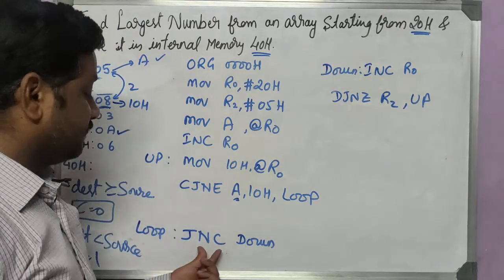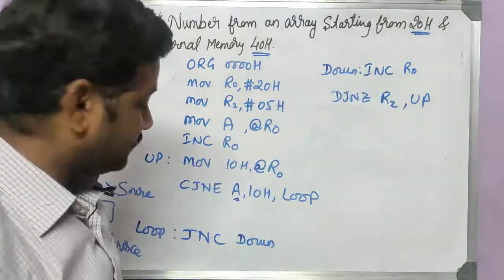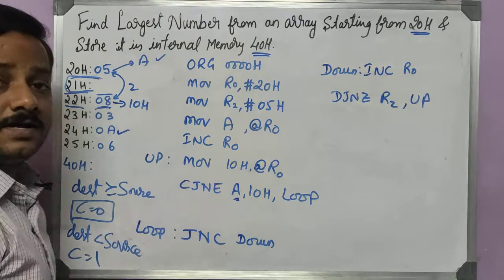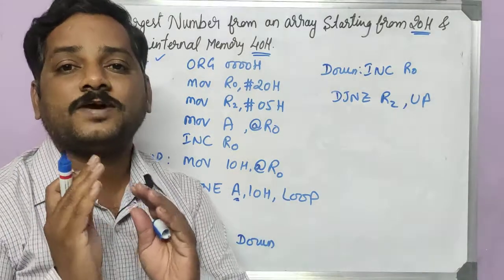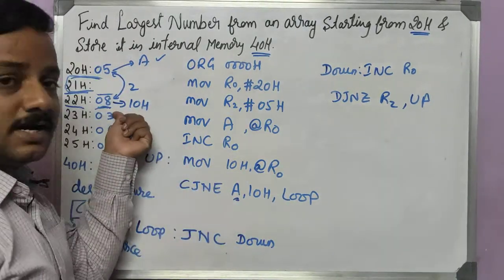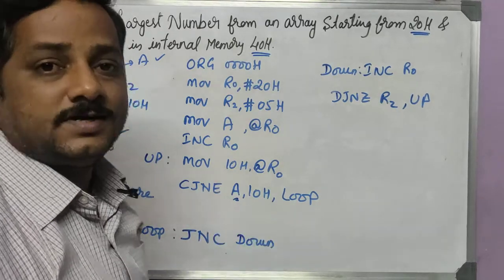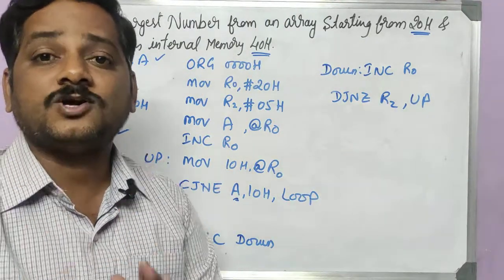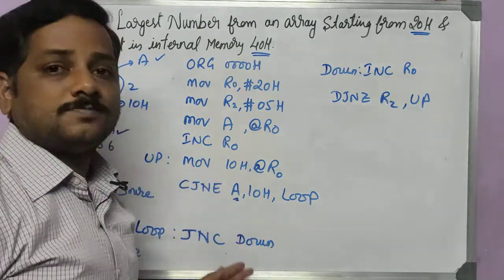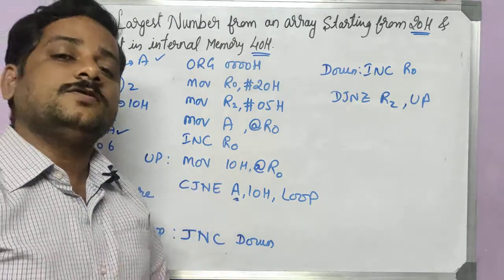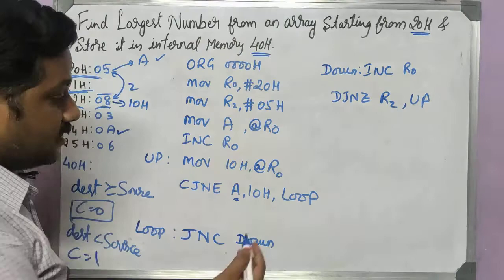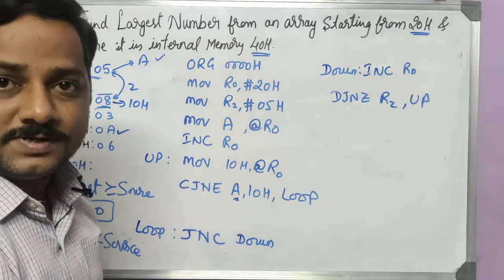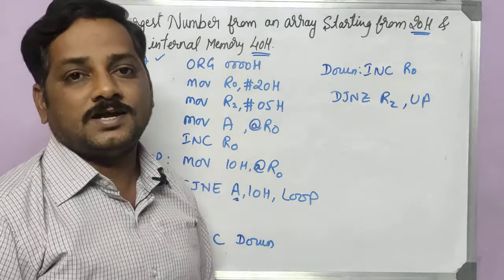If there is a carry, it means accumulator is having a smaller value compared to the content of 10H. So what it indicates? I want the largest number in accumulator, but here I have the smallest number now. So it indicates that the content of 10H is the largest number.